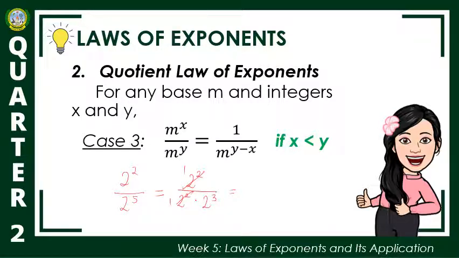So, multiplying the rest, may 1 kang natitira sa taas, and then we have 1 times 2 cubed, still it's 2 cubed. Or simply, that's 1 over 8. So, fraction po siya. Take note, okay? Kapag po mas malaki ang denominator sa baba, nagiging fraction na po yung sagot. O, apply natin ngayon sa variables.